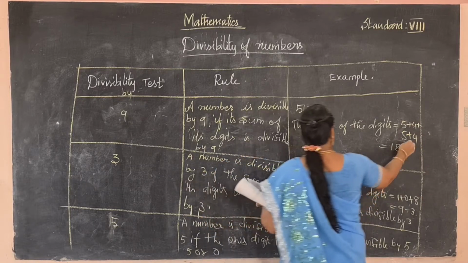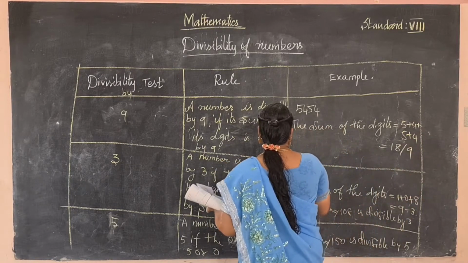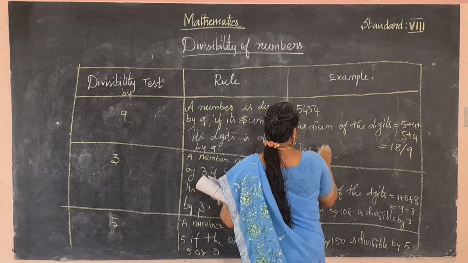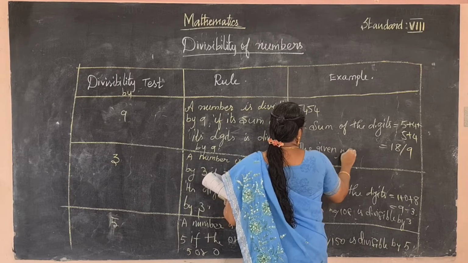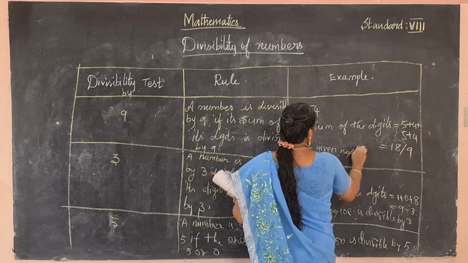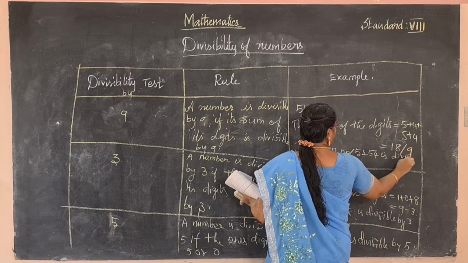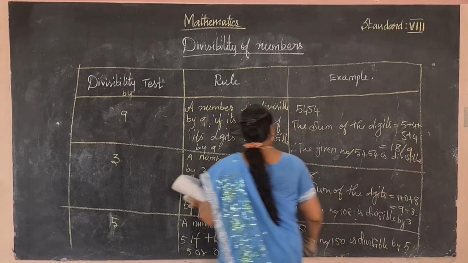So 18 is divisible by 9. Therefore the given number 5454 is divisible by 9.